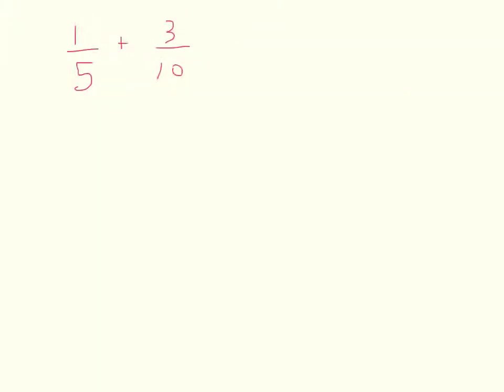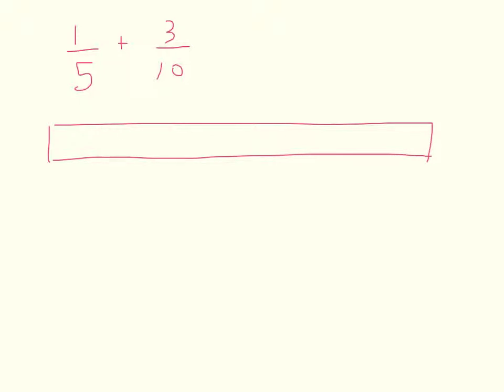What gets to be a little bit more interesting is when we have something with different denominators. So let's take 1/5 plus 3/10. So I'm going to take my fraction bar, again, this is a whole, and I'm going to call this fifths. And now I know that I already have 1/5, and I'm done with that. Now 3/10, you know that there are 2/10 in 1/5.